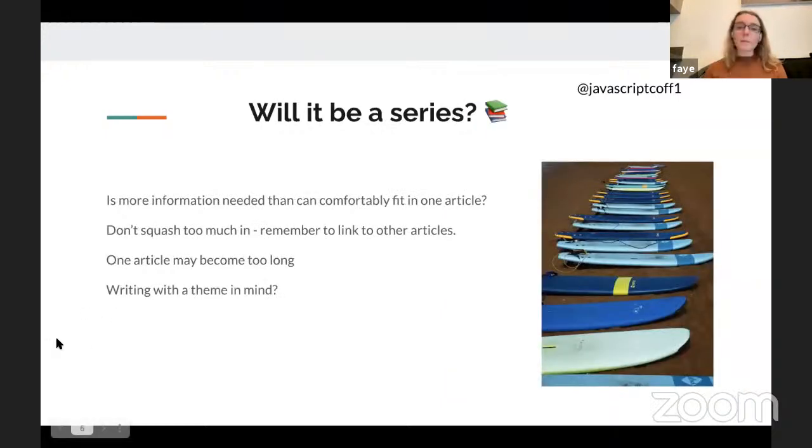Now, will it be a series? When you start writing and you think, oh, this topic is a lot bigger than I thought it was going to be, what do I do? I mean, you could write a very, very long article that people just read down. It goes on forever and everyone gets bored. You get bored writing it. The reader gets bored reading it.